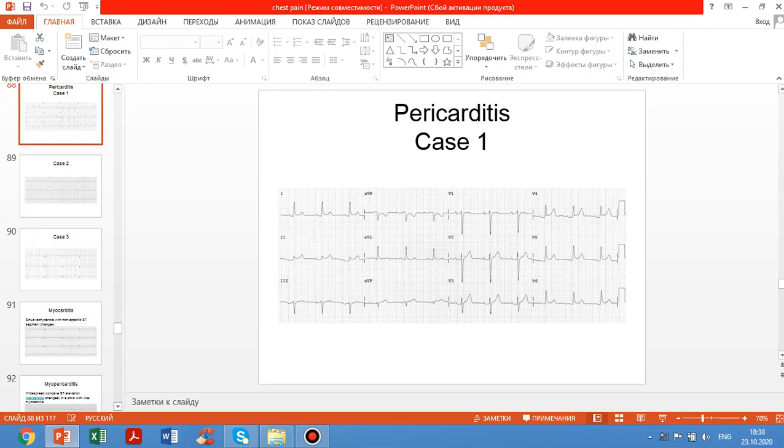There is ST elevation and PR depression in the first, second, third, AVL and AVF leads, and reciprocal changes like PR elevation and ST depression in AVR leads.